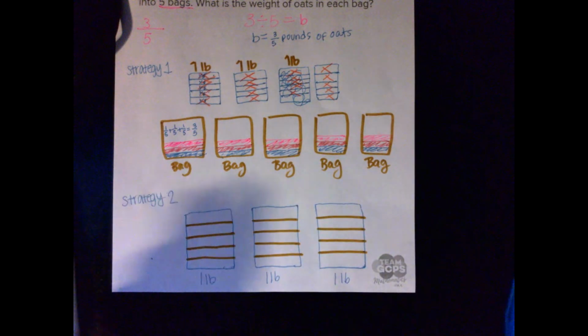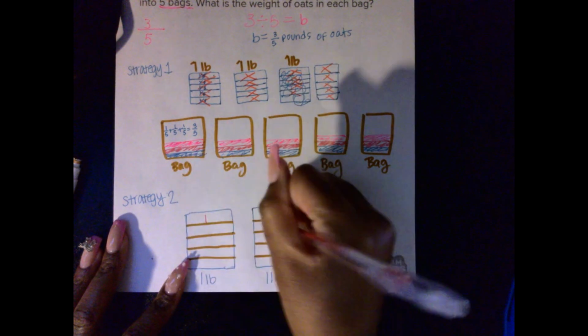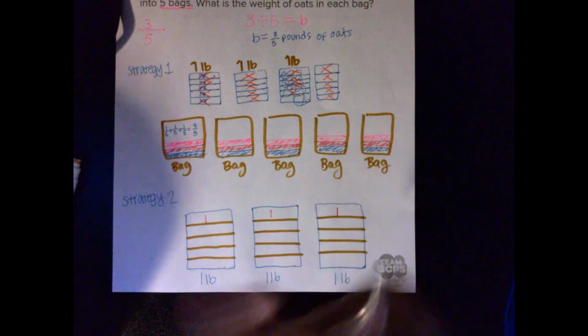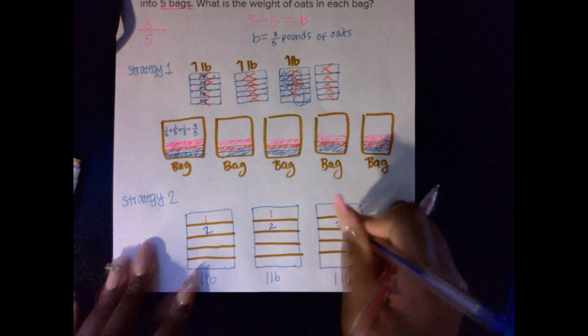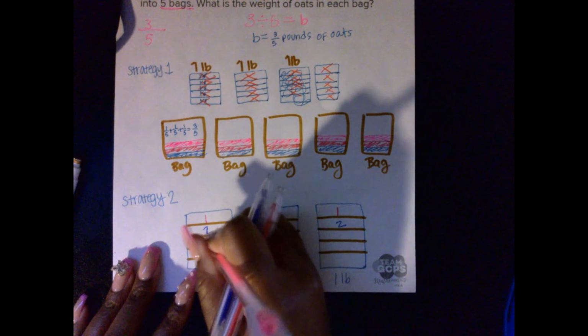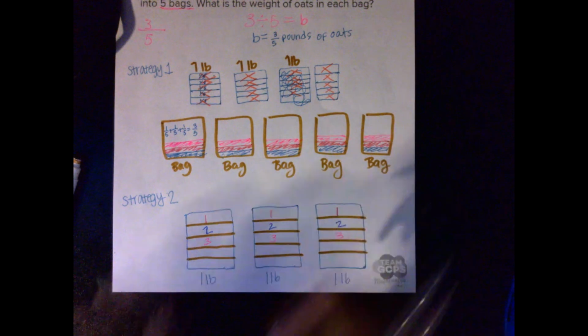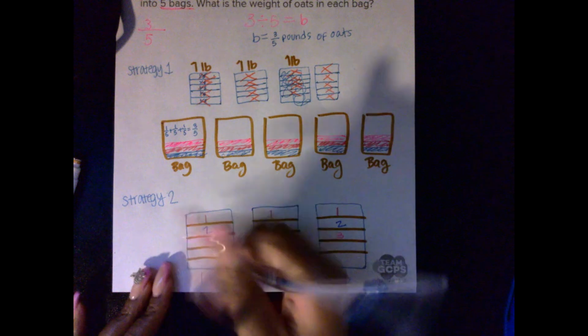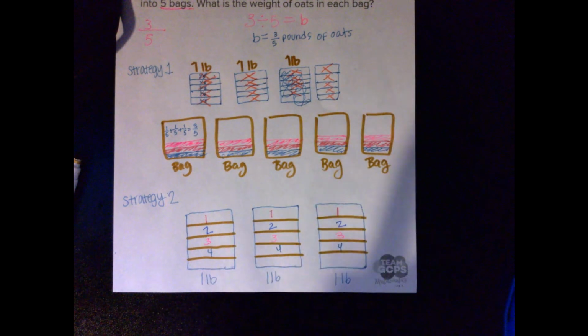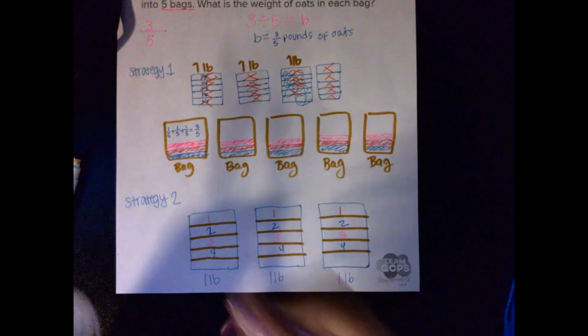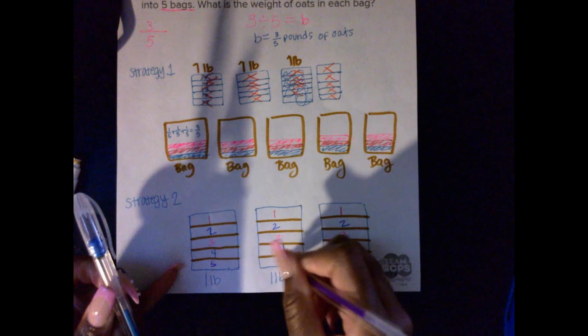So I got 1, 1, 1, 2, 2, 2, 3, 3, 3, 4, 4, 4, and then 5, 5, 5.